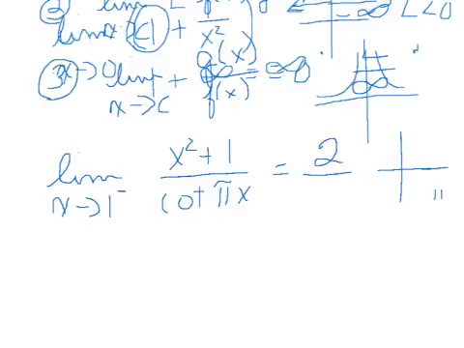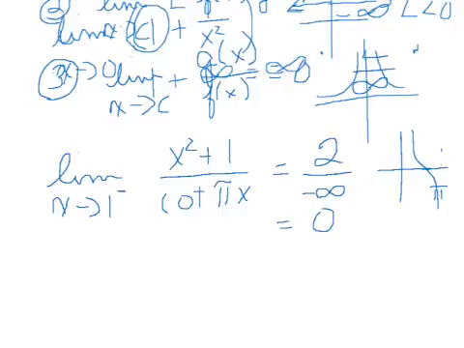If this is pi, cotangent looks like this. So as you approach from the left, what's happening here? Negative infinity, and so the limit is 0.